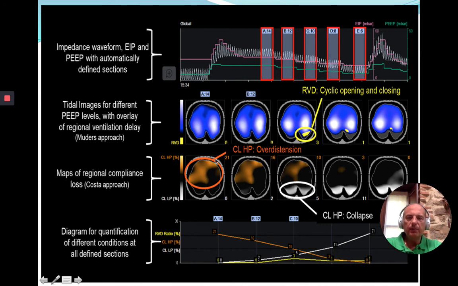This is electroimpedance tomography. As you know, it is a belt with different electrodes, some of which give electricity and others detect it. So you are going to see the resistance. Obviously, air does not conduct electricity, and fluids and solid organs conduct electricity very well.